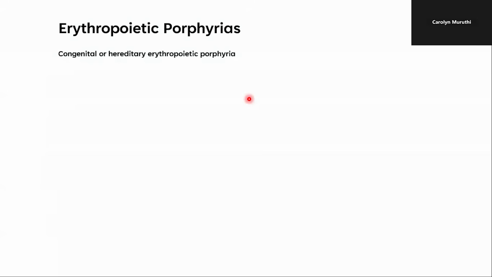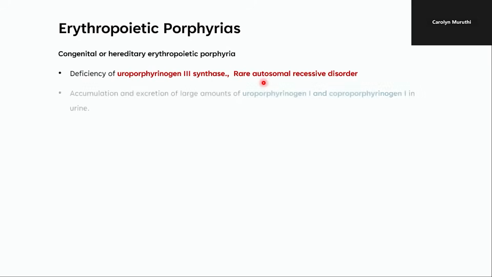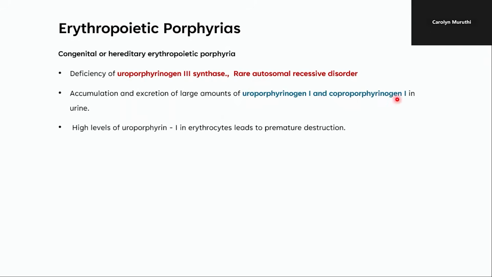One of the most important porphyrias under this is congenital or hereditary erythropoietic porphyria. This is due to the deficiency of uroporphyrinogen 3 synthase, and this disorder is a rare autosomal recessive disorder. It results in accumulation and excretion of large amounts of uroporphyrinogen 1 and coproporphyrinogen 1 in urine.